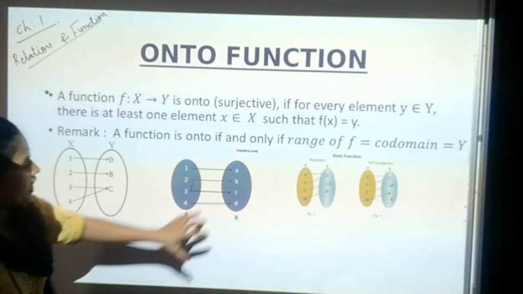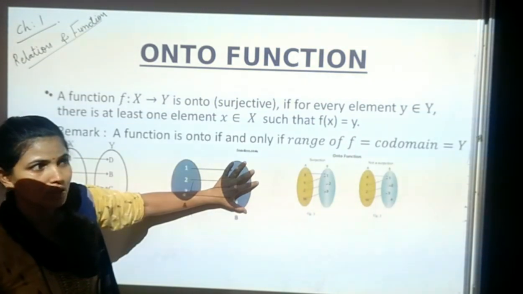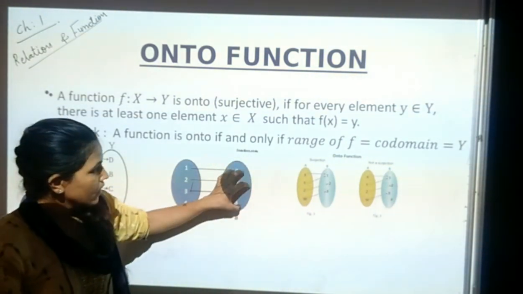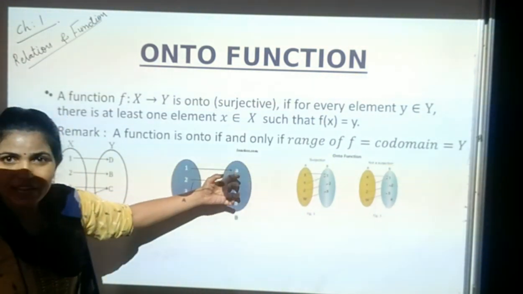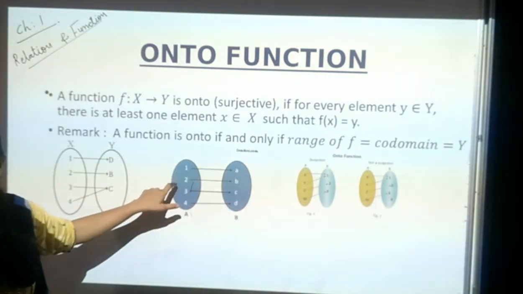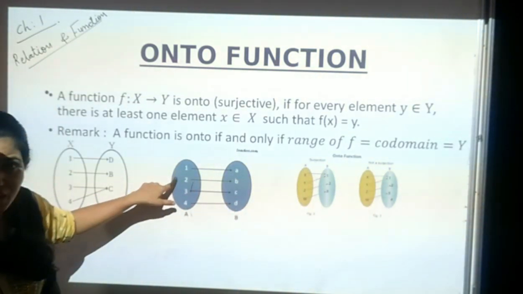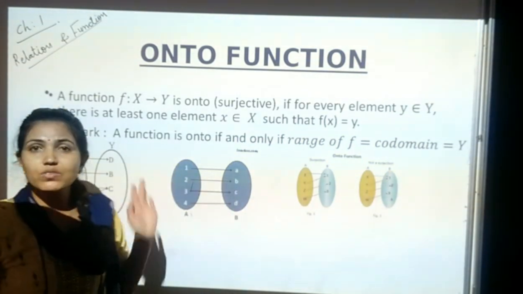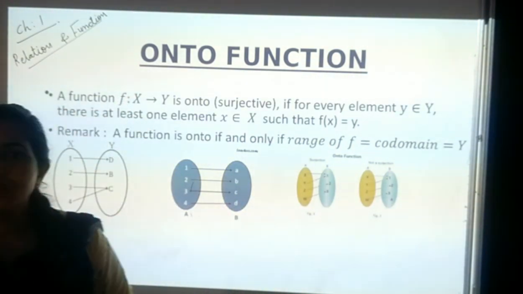That means if we pick any element from the codomain, then we are having some pre-image in A for which the value will be that y.